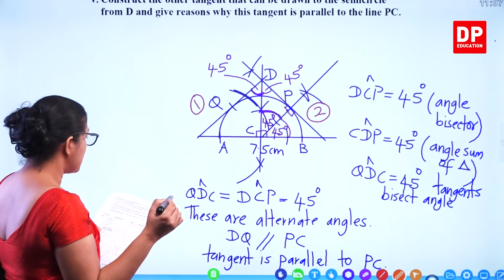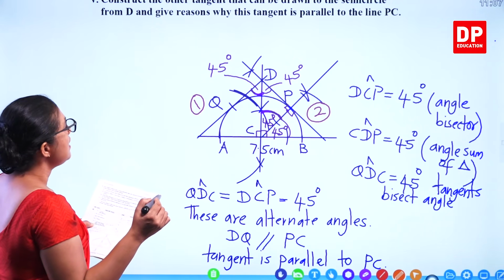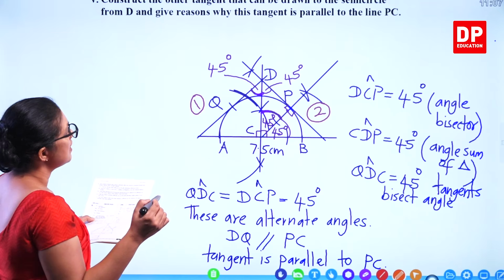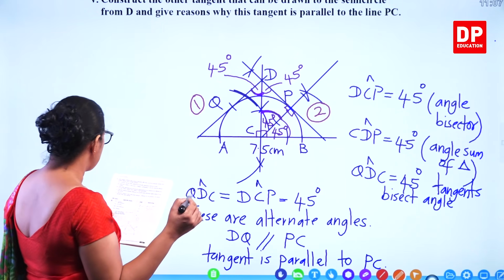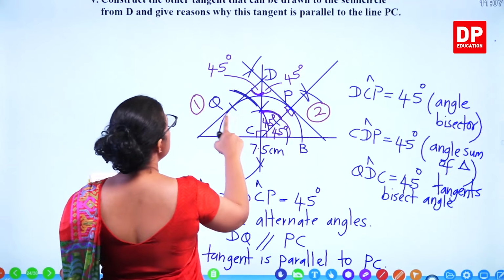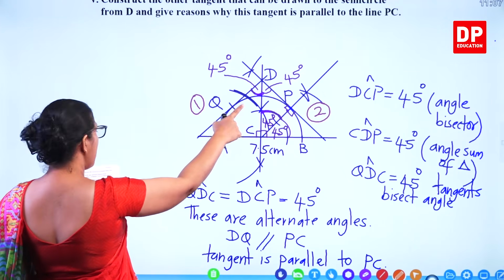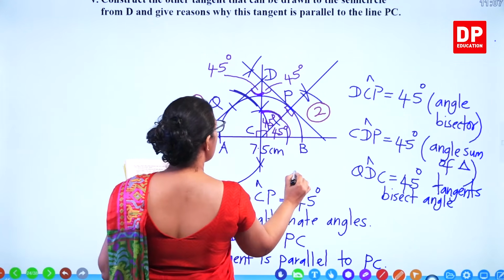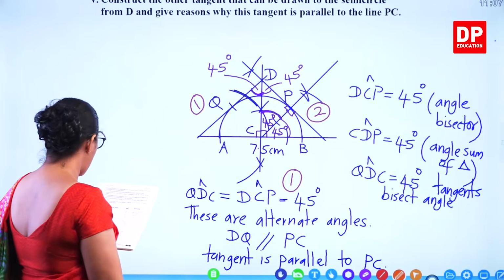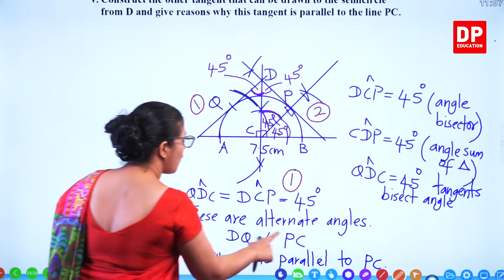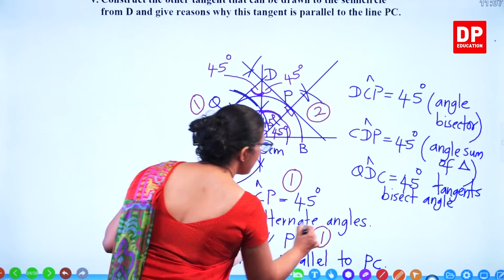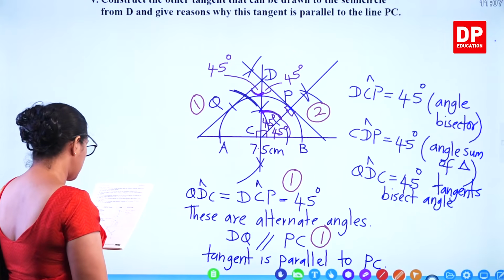And EDC, and they mark like this point is E. EDC is 45. Finding this one 1 mark. And giving reasons for these 2 lines are parallel, that's 1 mark.